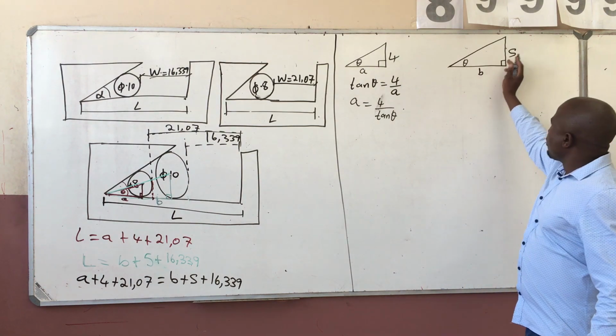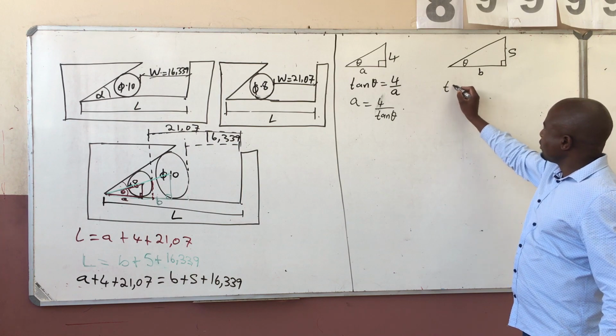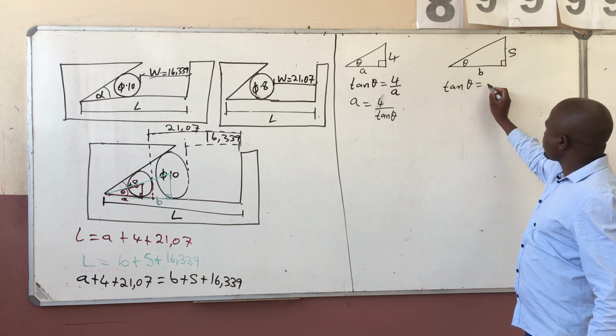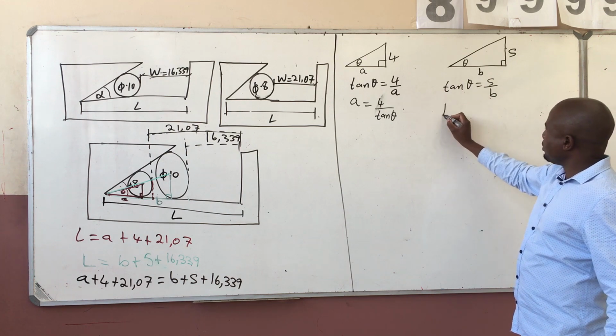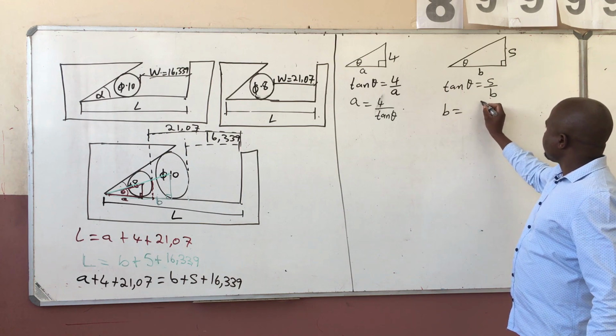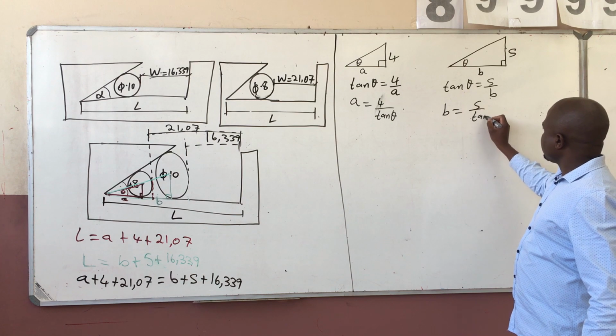So with opposite and adjacent, it is tan. Tan theta is equal to opposite, 5, over B. Therefore, B will be 5 over tan theta.